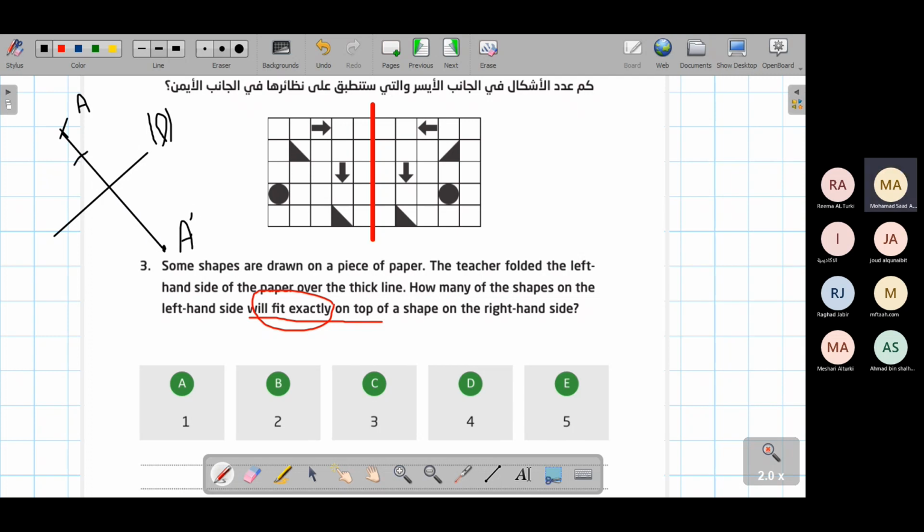The distance from A to the line L is equal to the distance from A prime to the line L. We say that A and A prime are equidistant from the line L. So A prime is the symmetric of A with respect to the line L. Understood, Yahya?